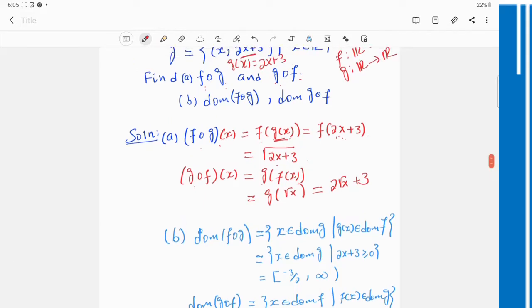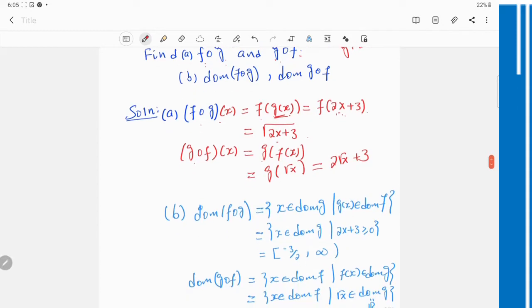Now what is the domain of F composed G and the domain of G composed F? As you see, for F of G of x, the domain is the same as x in the domain of G, so that G of x is in the domain of F. So F composed G is the same as F of G of x.